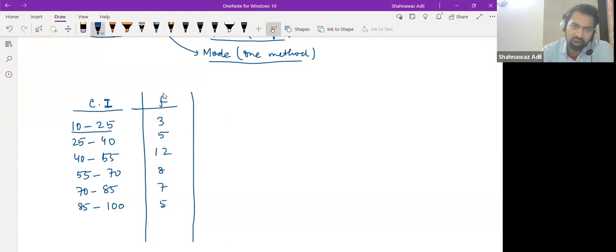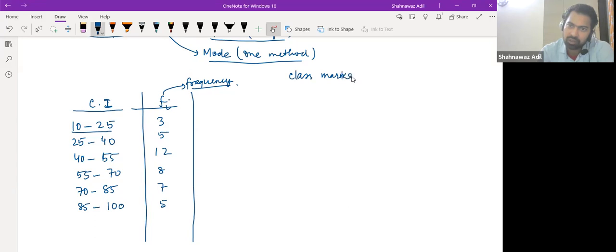So this is called the frequency, which we denote as f, also written as fi.